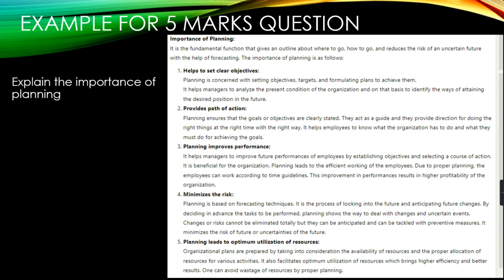You have to see that in your answer, the words changes and uncertain events match with minimizing the risk. The key point should match with the explanation inside that key point. That is what you need to concentrate on. For 5 marks, a minimum of 5 key points with explanation.